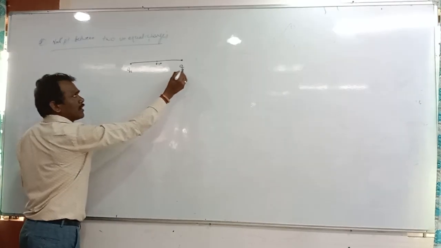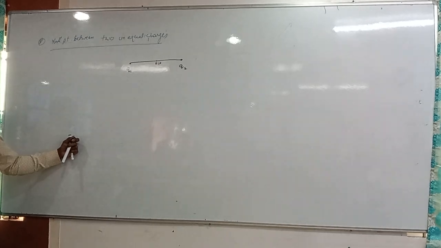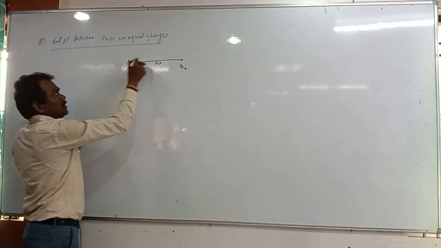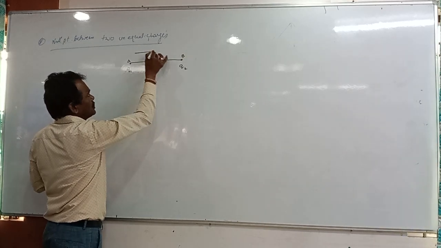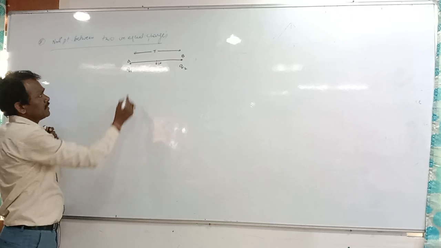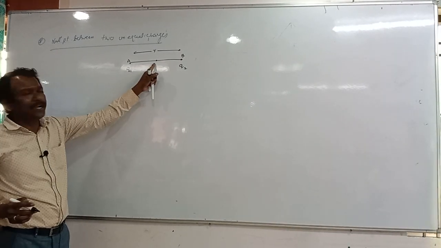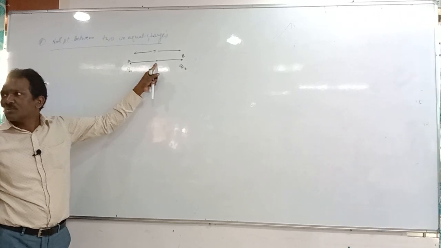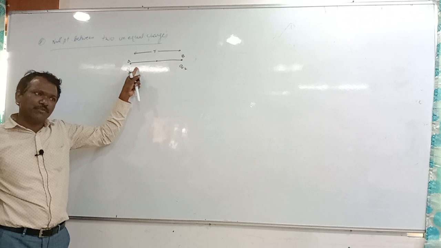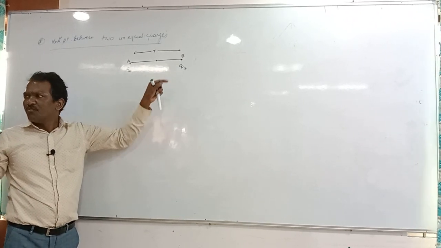Here Q1 and Q2, unequal charges, are taken at the ends, separated by r distance. Okay, right? So there is no null point or zero resultant force at the middle. It is not 0 here. It will be somewhat nearer to Q1 or nearer to Q2. Which side?